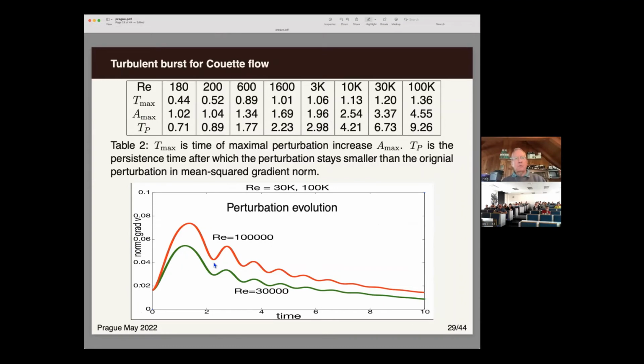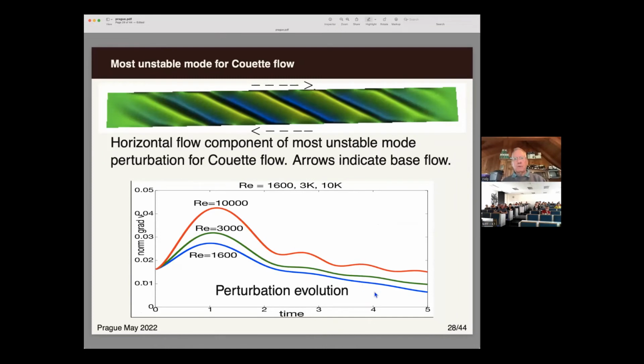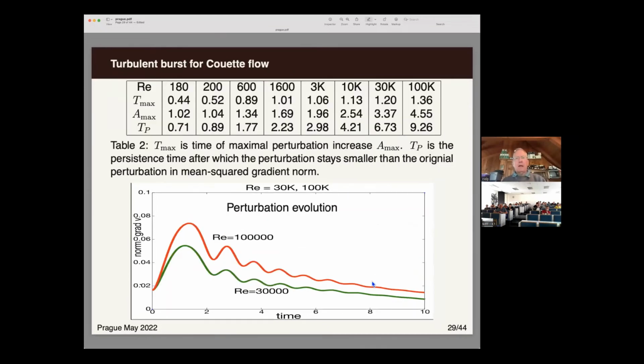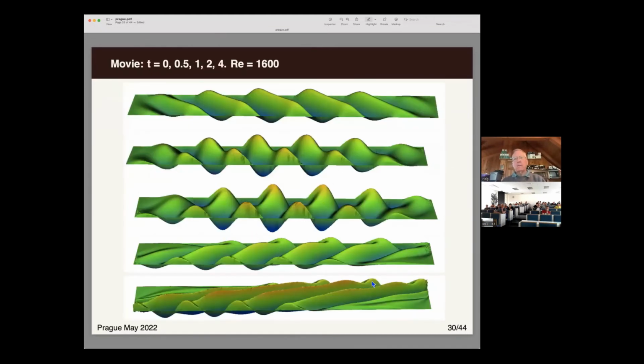So this is how it's decaying in time. I guess we could go, here would be 4 time units for this bottom one. This is the blue one that I just showed you. And here's the last time picture here. And that's how much it's decayed.